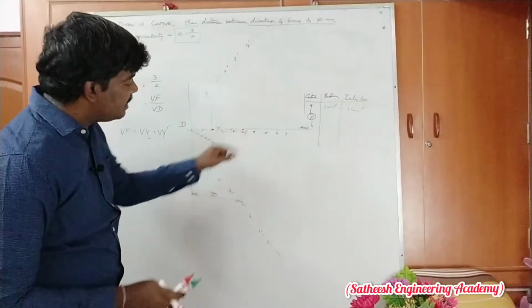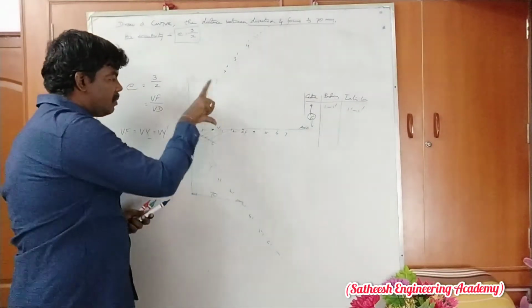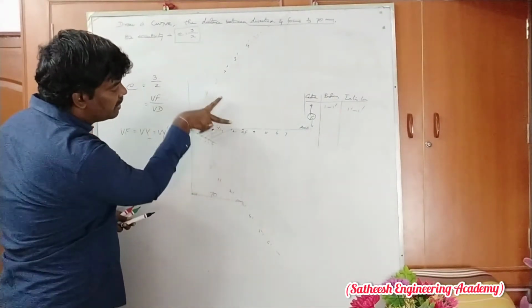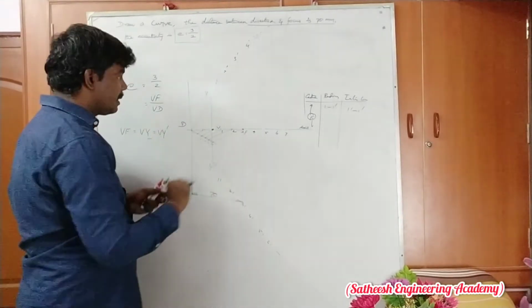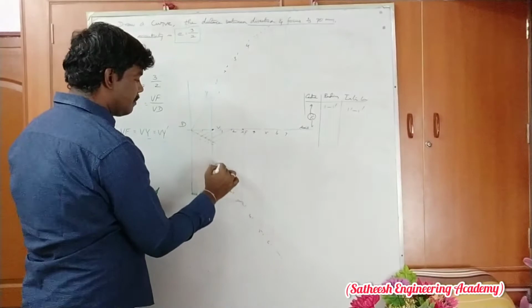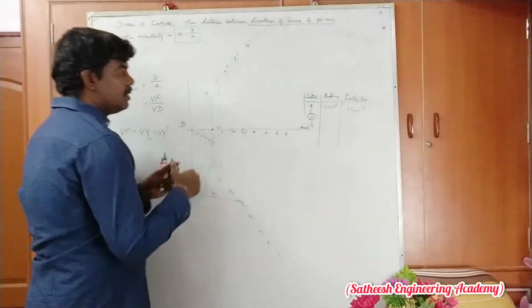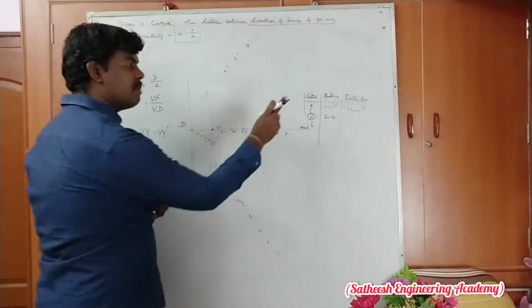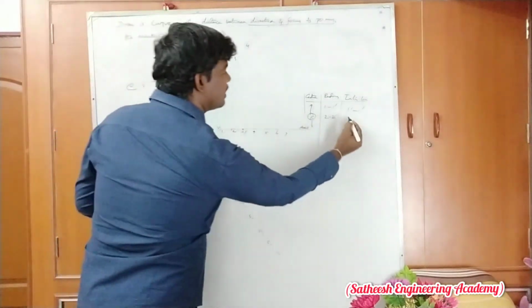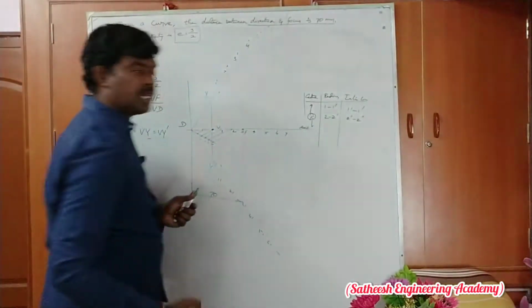F is the center. Clear? So 1 to 1 dash as the radius. F is the center. Intersect arc on that same 1 dash line. Next, 2 to 2 dash as the radius, same F as the center, intersect arc on that 2 dash line.